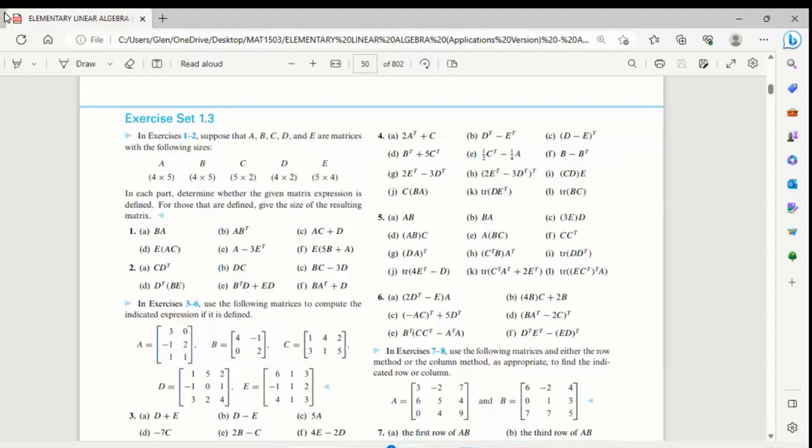Half transpose of C, I got, first entry, 1/2. Second entry on the first row, 3/2. Second row, I got 2 and 1/2. Third row, I got 1 and 5/2.